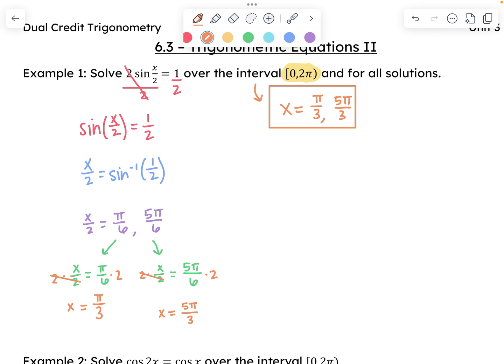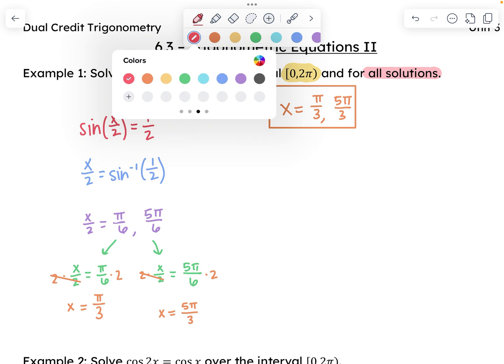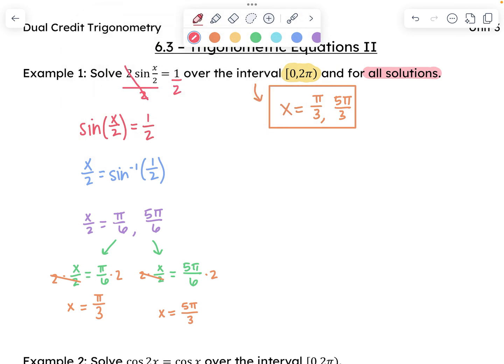Now, this is also going to change a little bit when I write my answer for all solutions. So when I write it for all solutions, my all solutions answer is still going to have the plus something times n, but our period is going to change a little bit. So if you remember from our graphing unit, we had period changes when we were multiplying by something inside of that sine.